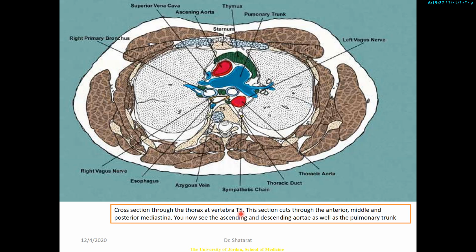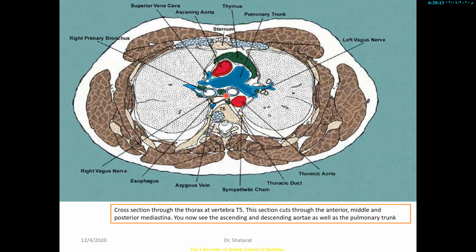Hence, the intervertebral disc between T4 and T5 is the imaginary plane that divides superior mediastinum from inferior mediastinum, and therefore T5 is in the inferior mediastinum. And as you can see from anterior, the sternum is your guide, the vertebral column is your posterior guide. You can see the anterior mediastinum, the middle mediastinum, and of course the posterior mediastinum.